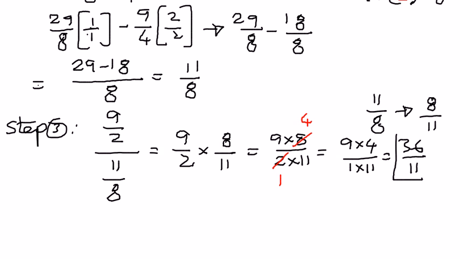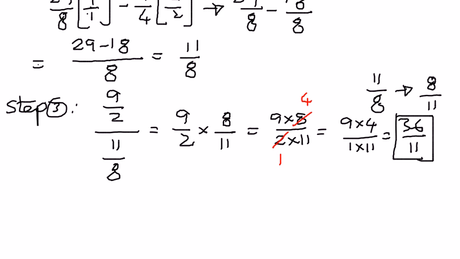This is one way of representing our answer. This is in the improper fraction format. But since the numerator is larger than the denominator, we can reduce it some more, or express the improper fraction into a mixed number format. So we take 36 and then divide it by 11. 11 times 3 is 33.